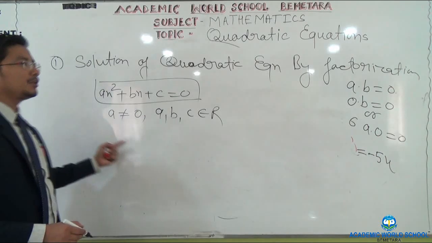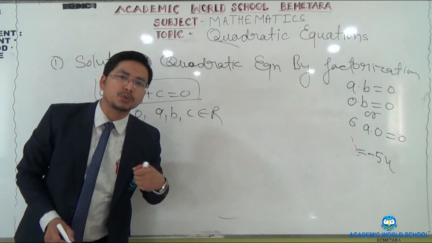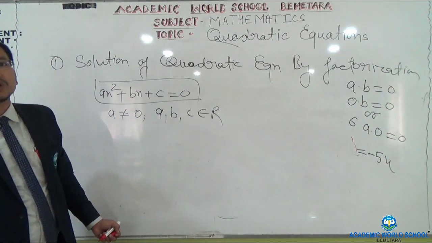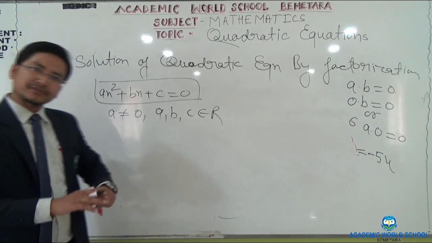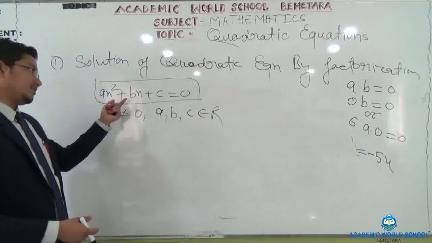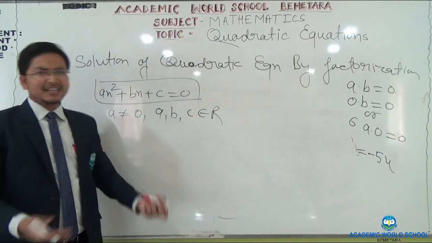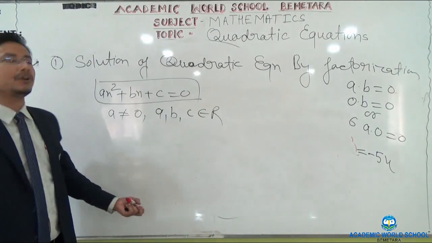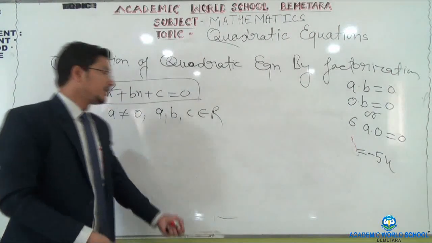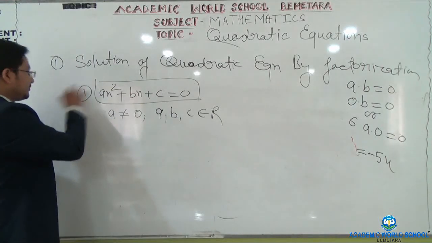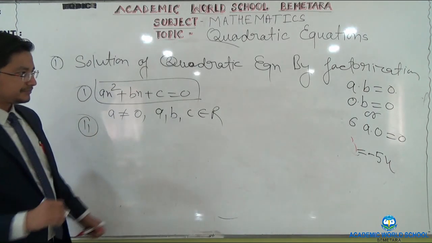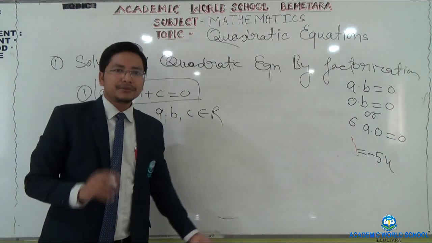To check whether the given equation is quadratic or not, we have to evaluate it and get this form. If we get this form, yes, the given equation is quadratic. If not, then it is not quadratic. So this was the first thing which we have done. The next thing we have done is the factorization method.